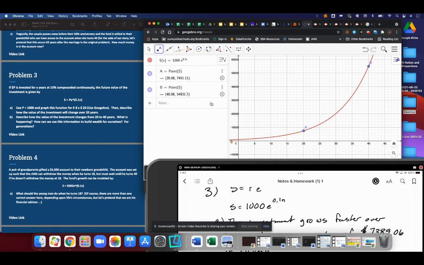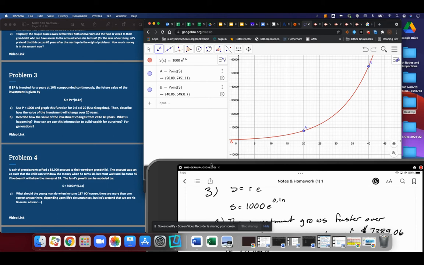The next 20 years, we gained about $48,000, something in there. That's pretty insane. So continuous compounding looks like one of these that really benefits from being fed a lot of time. So huge growth in this 20-year period, not so great growth in this 20-year period.